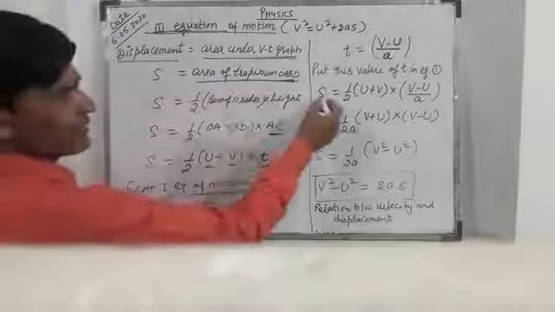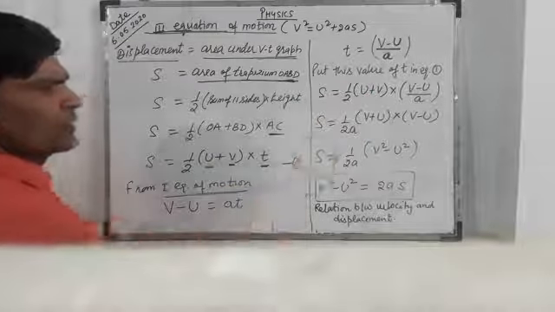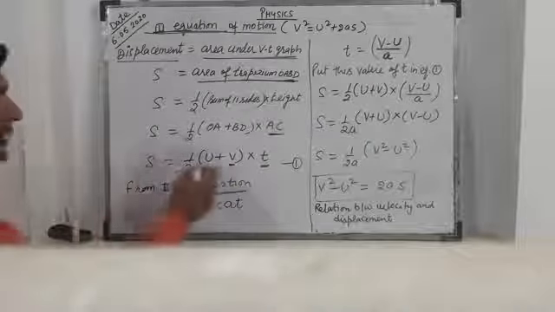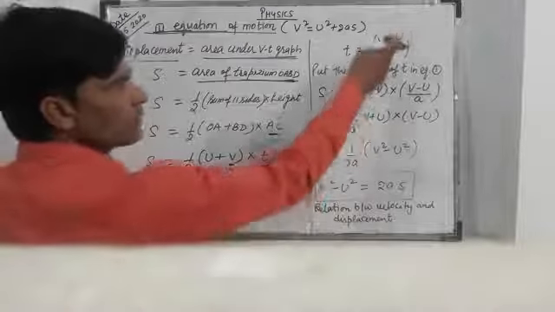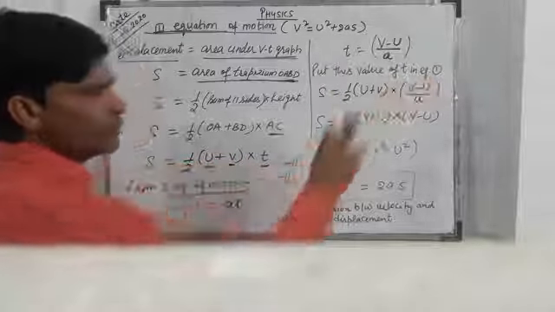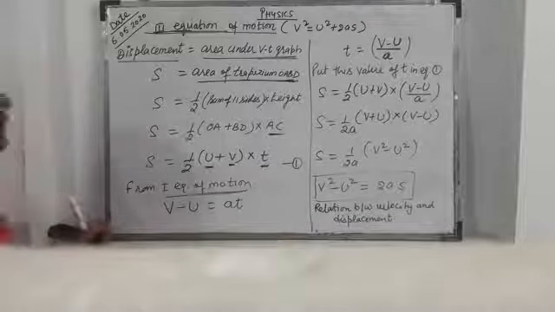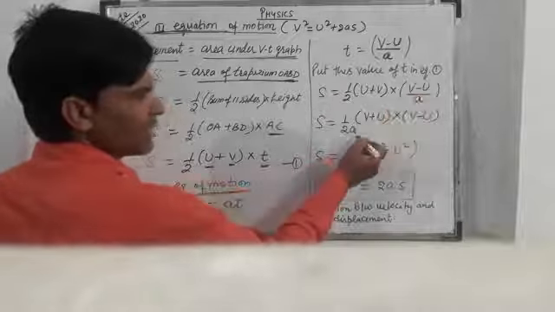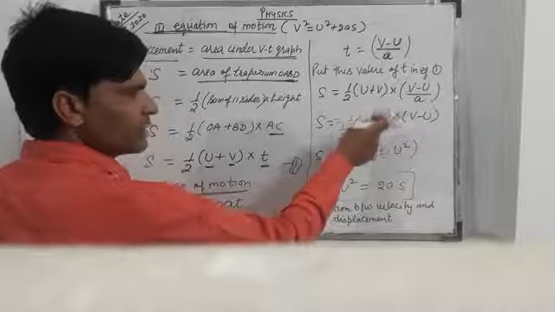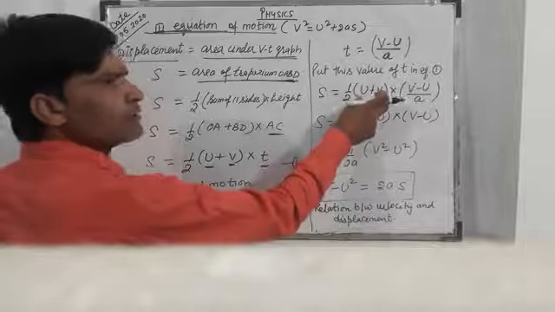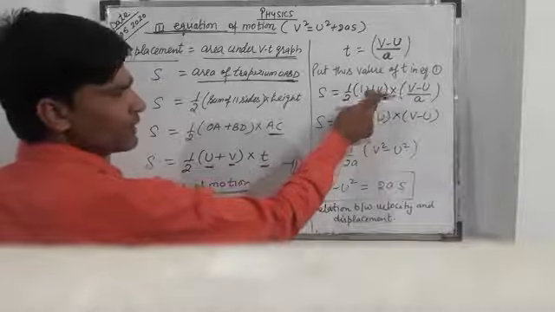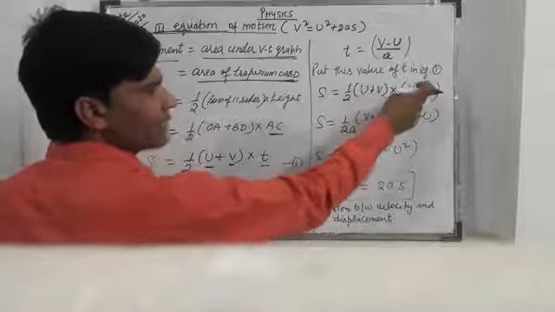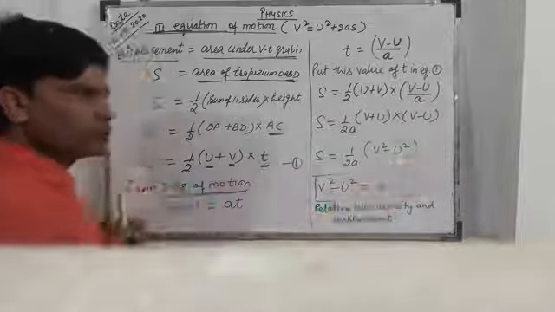Then we get s is equal to 1 upon 2 into (u plus v) into (v minus u) upon a. Then s is equal to 1 upon 2a into (v plus u) into (v minus u).